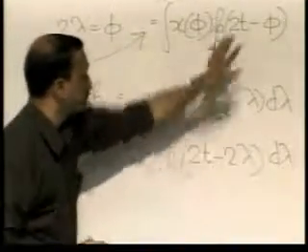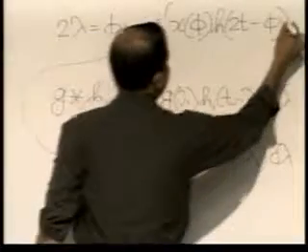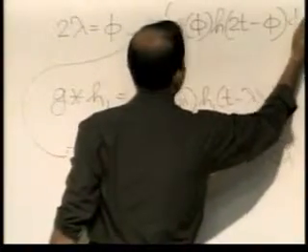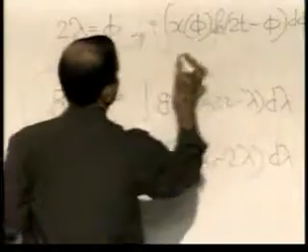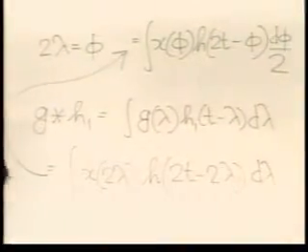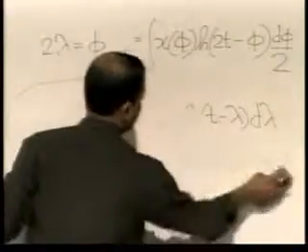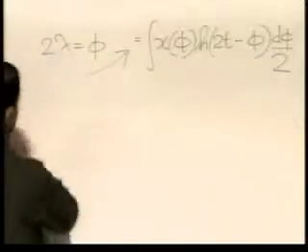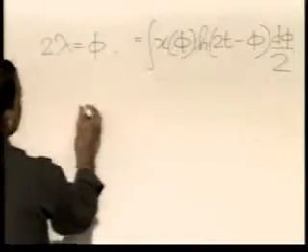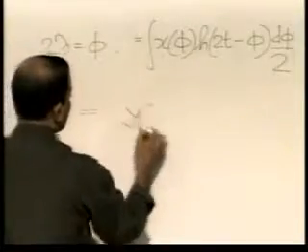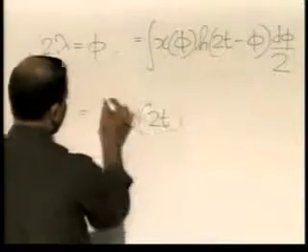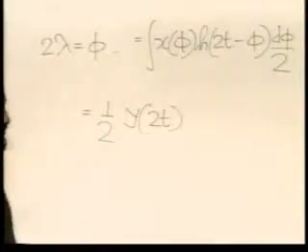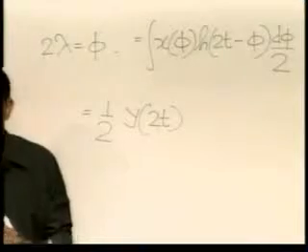This 2t is 2t there. And d lambda of course becomes d phi by 2. So in fact, there is a neat relationship here. This can clearly be seen to be y(2t) divided by 2. This is an interesting relationship.